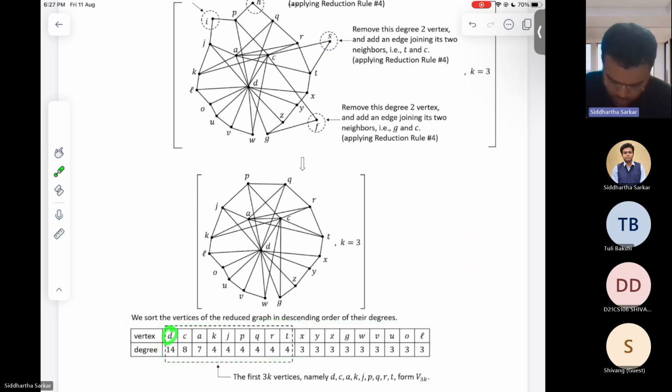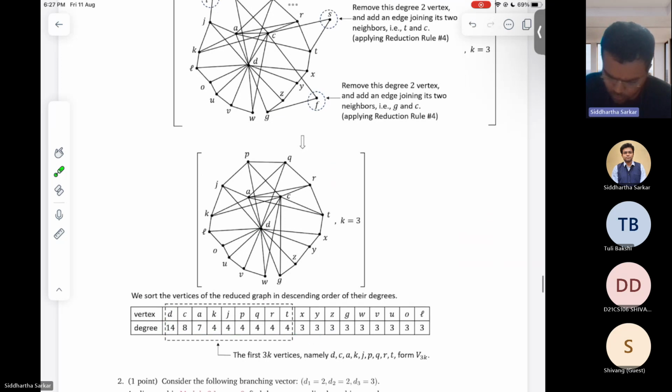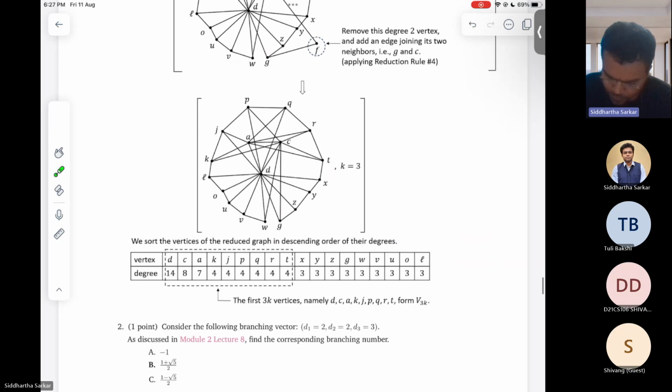So D is the vertex with the degree 14, the highest degree vertex. And then this is just simply noting down the degree of the vertices. So what is the value of K? K is 3. So what is the value of 3K? That is 9. So looking at the first 9 entries in this table, these correspond to the vertices having the most degrees, right, in this graph.